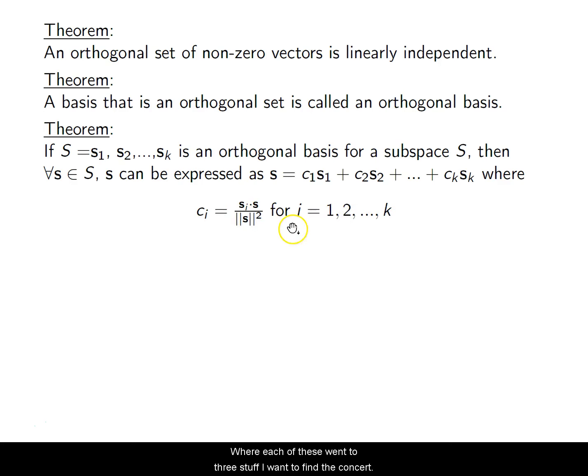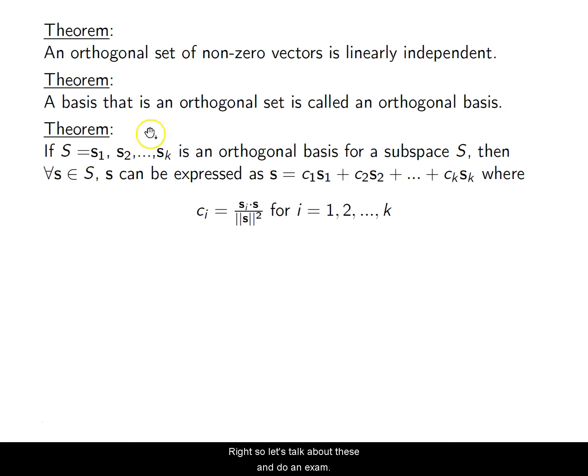So if I want to find the coefficient C2, I take the vector S2, dot product it with the vector S I'm trying to form, and divide by the norm squared of S2. Remember, this is a scalar over a scalar, which is a scalar. So I can find any of my coefficients using this expansion.